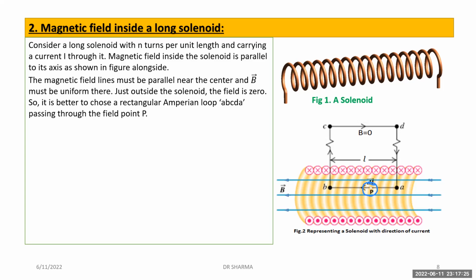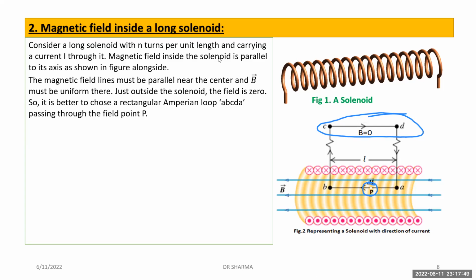By choosing two sides BC and AD perpendicular to the direction of magnetic field, the calculation becomes easier. And along the side CD, the line integration vanishes because the magnetic field itself is 0.